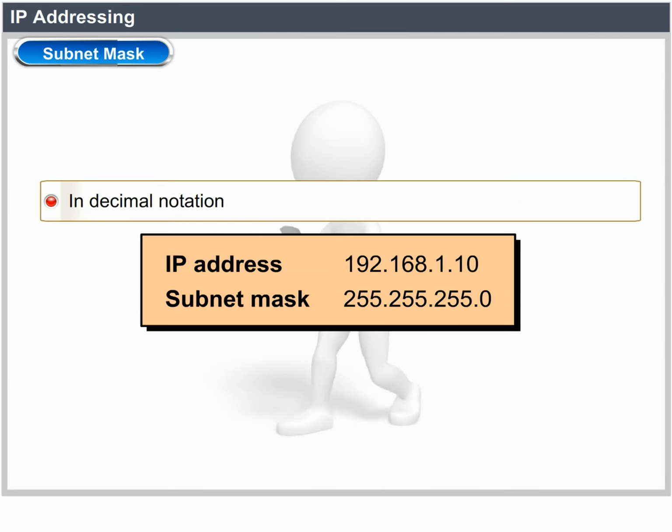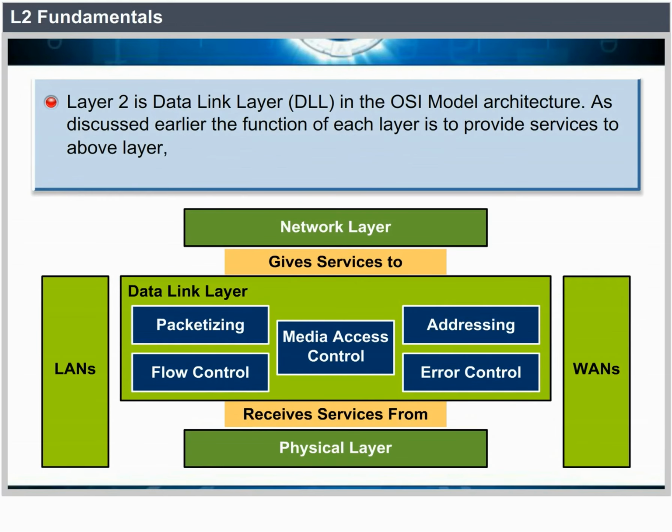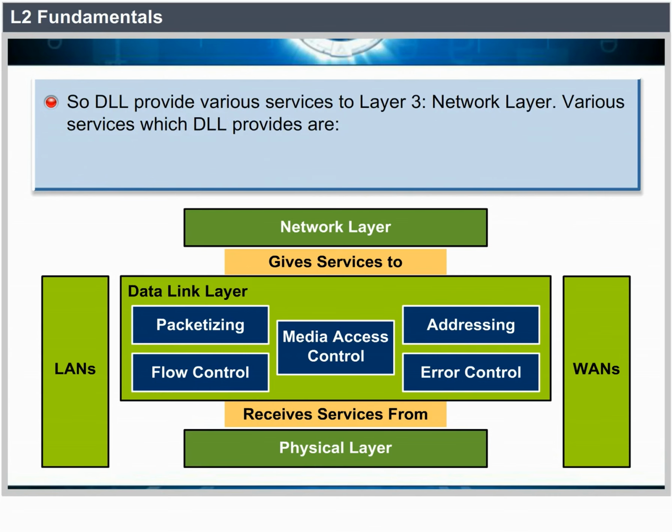L2 fundamentals. Layer 2 is the data link layer, or DLL, as per the OSI model. As we know, the function of each layer is to provide services to the layer above. So the DLL provides various services to layer 3, that is the network layer.